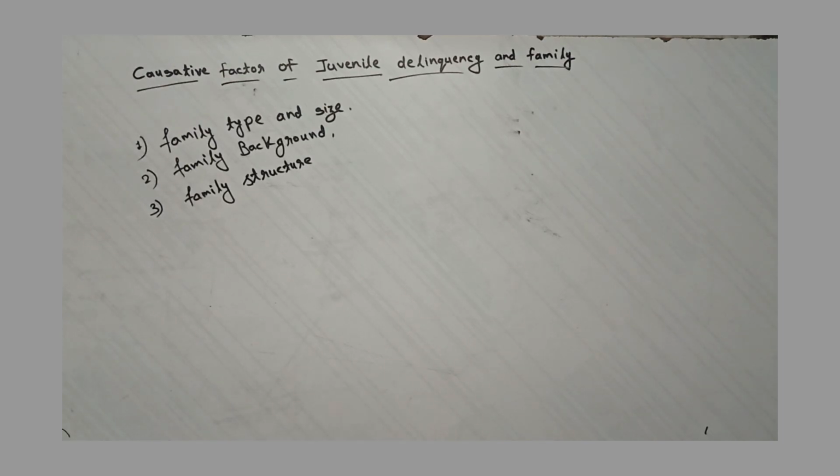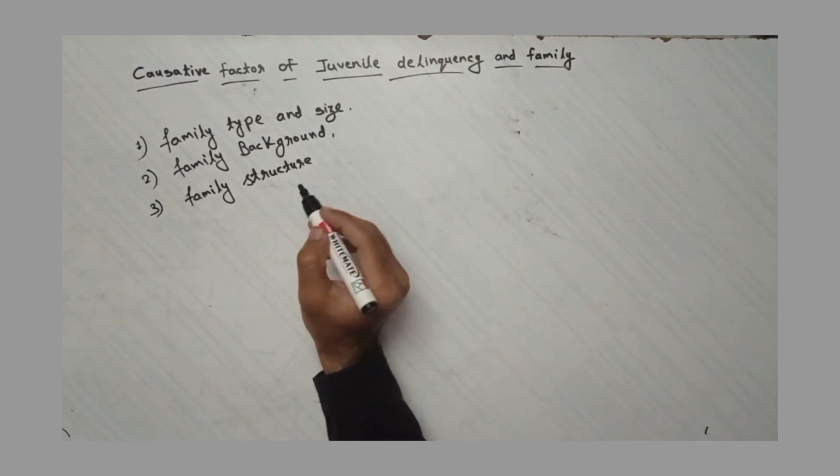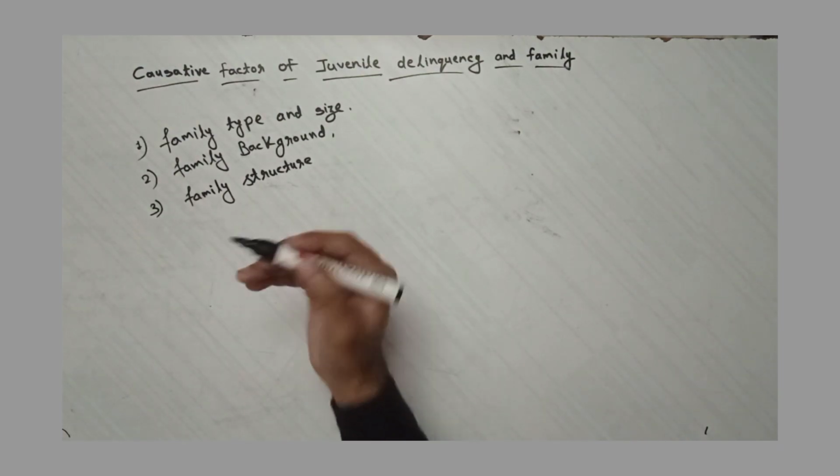Or a joint family is like your parents live with your elder brothers, grandfather, grandmother, or maybe your relatives living with you in a family. Then it is called a joint family. So it depends on the family structure. Sometimes it is a factor.